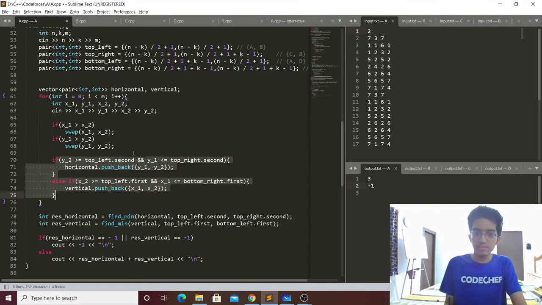So that is what I have done. Here, this is b. As you can see, top left dot second was b and top right dot second was also b.